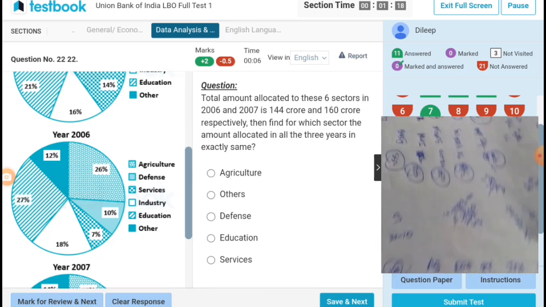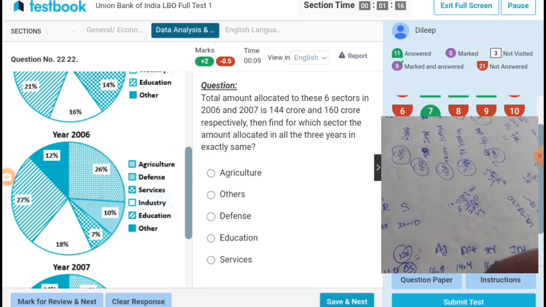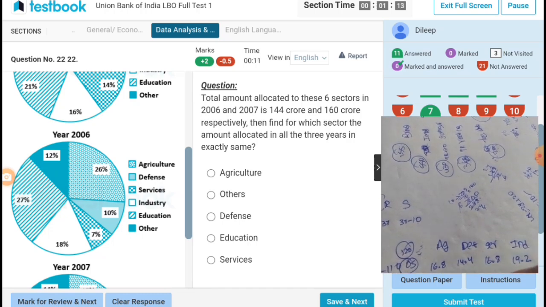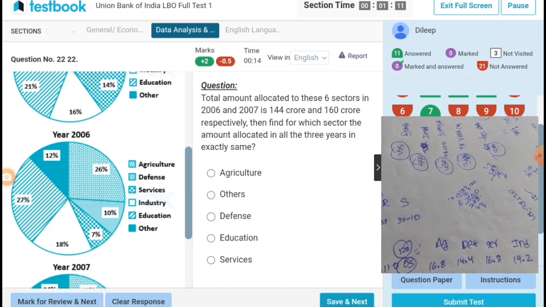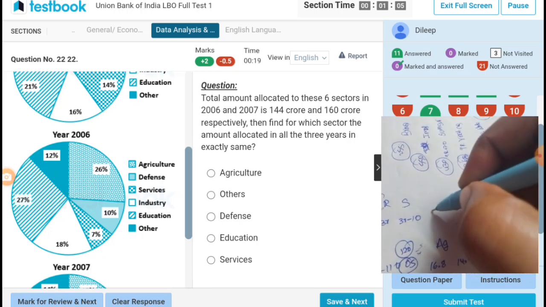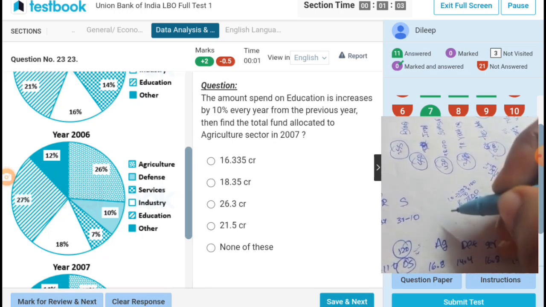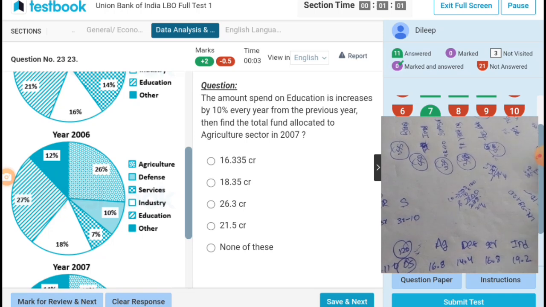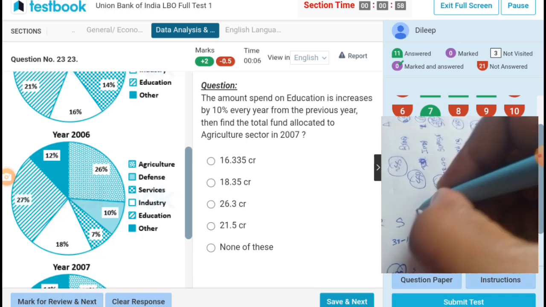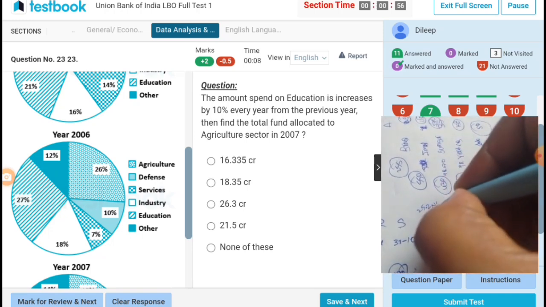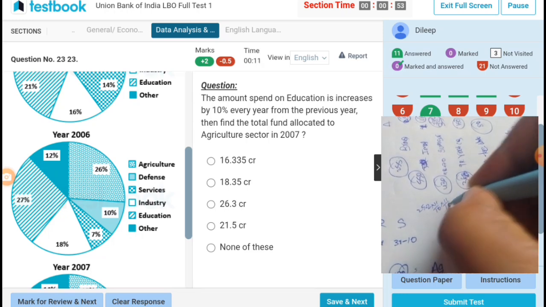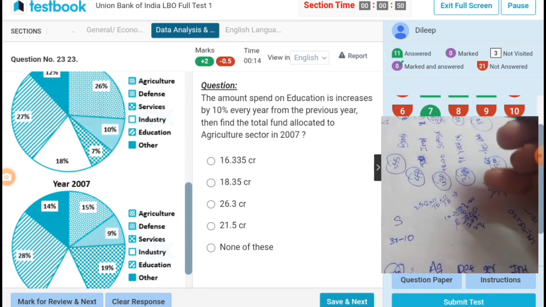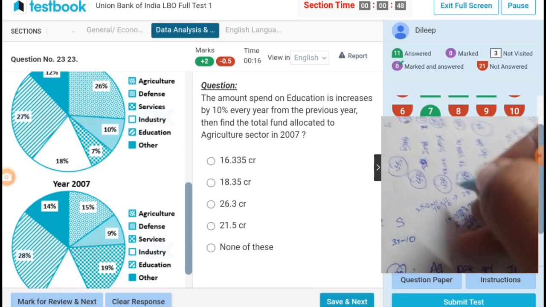Next, so total amount allocated to 6 sectors, 6 and 17, 144 and 160. Education increases 10% every year. So 25.2 is education means 28.